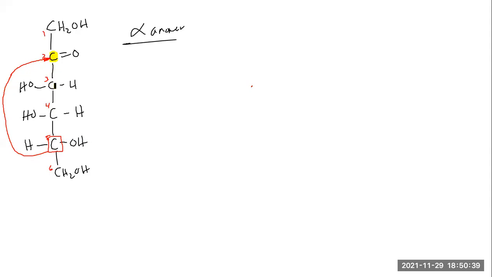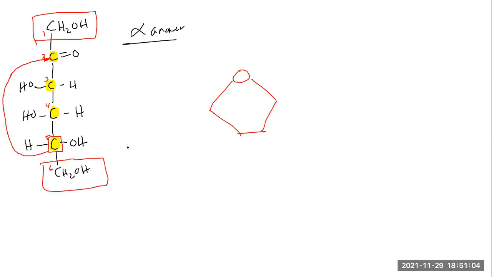Well, there's 1 carbon there, there's 2, there's 3, and there's actually only 4 carbons involved in this ring. That means we should draw the 4 carbon ring, which looks something like this. Now, in this particular case, we have 1 group up here that's not part of the ring, and we have our traditional carbon number 6 that is not part of the ring as well.